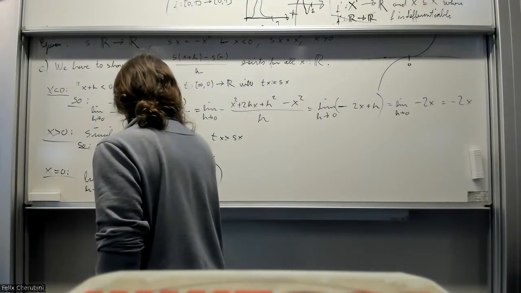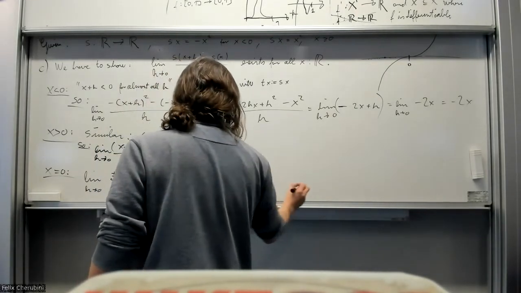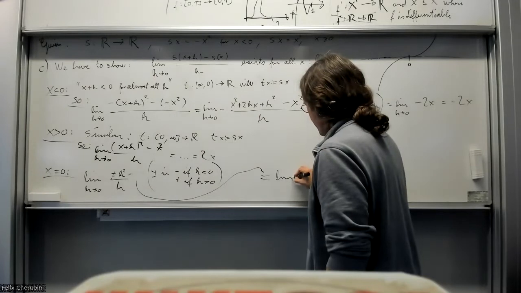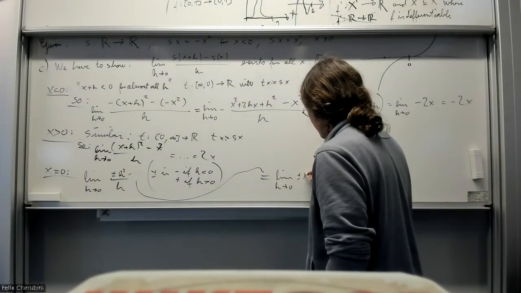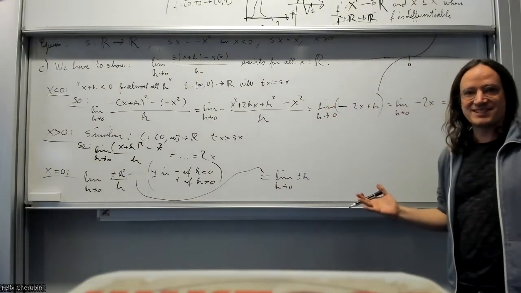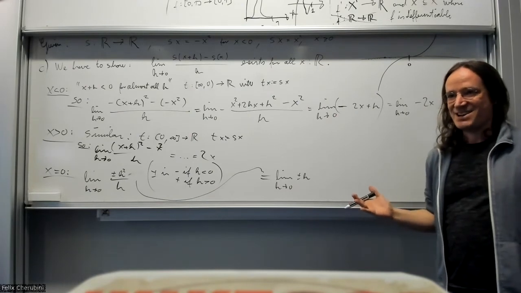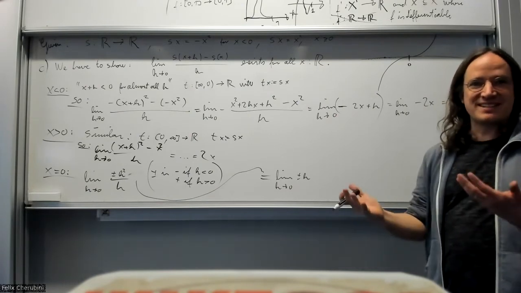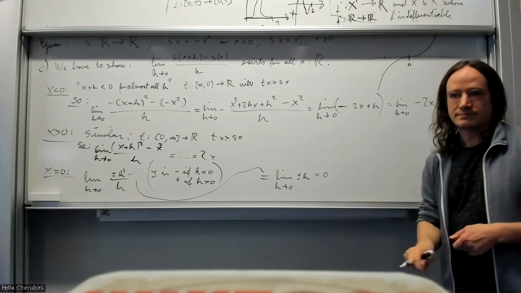So let's forget about this. We have this plus-minus h thing here, and now what is it? Plus-minus 0, but they are both equal, so you can just say 0.